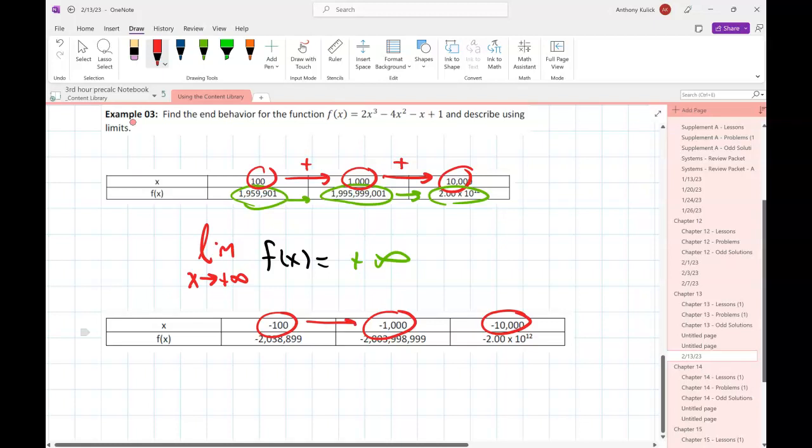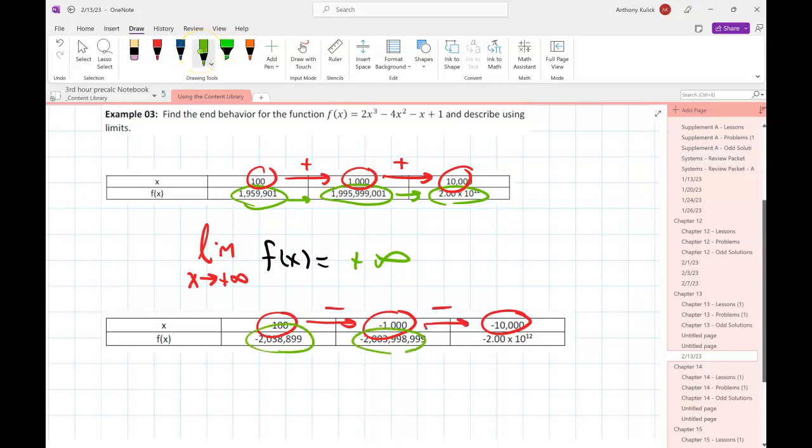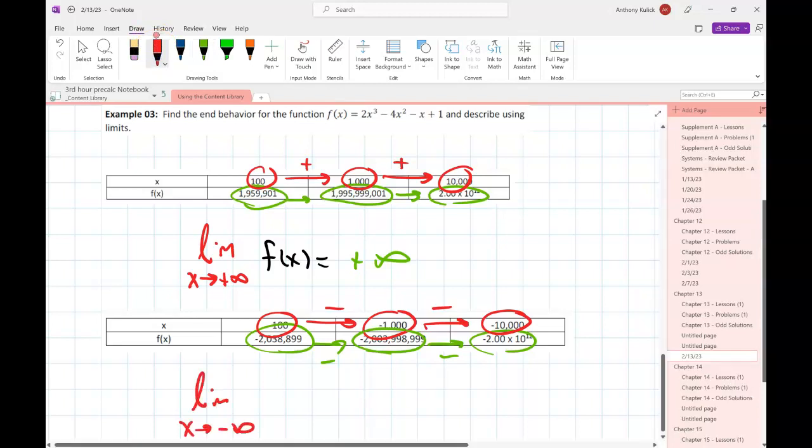And likewise, I notice that these are just getting smaller, and these again are getting smaller. The negative number is becoming bigger. So we could write it the same way, just with negative infinities. Yeah, you got it.